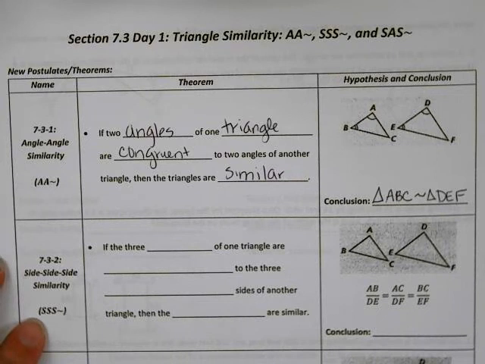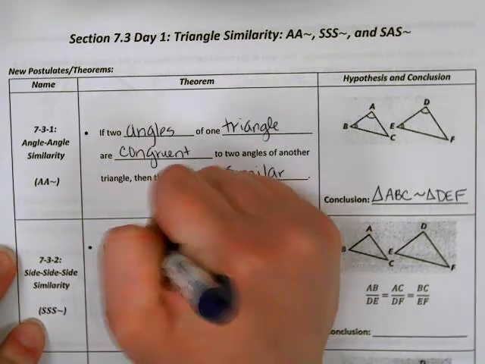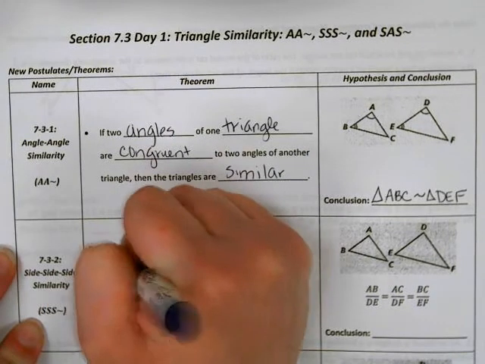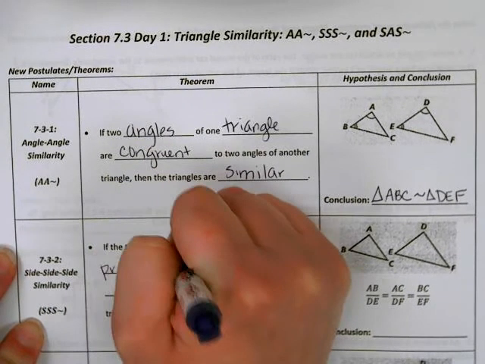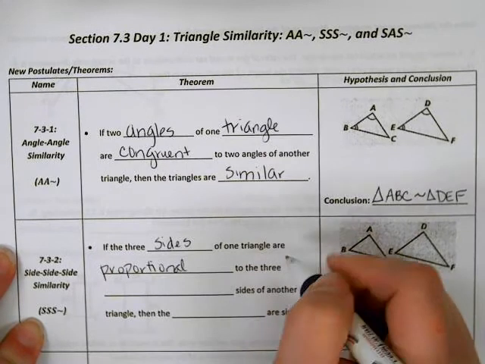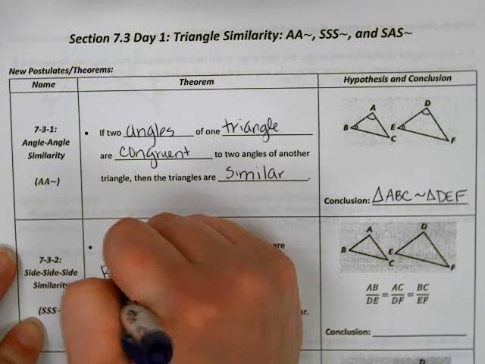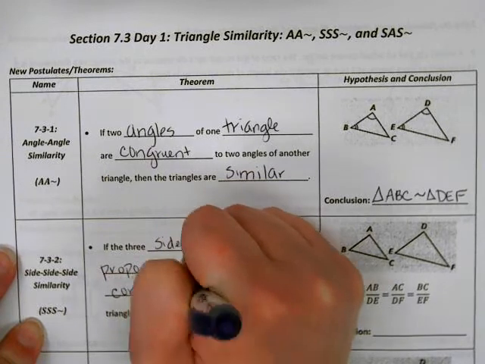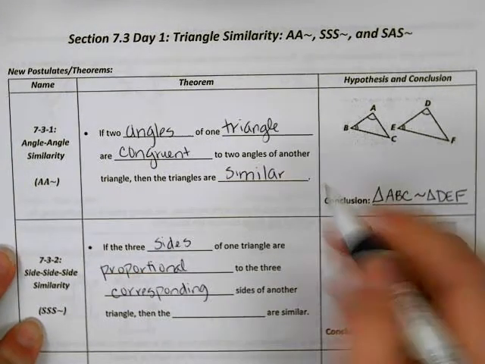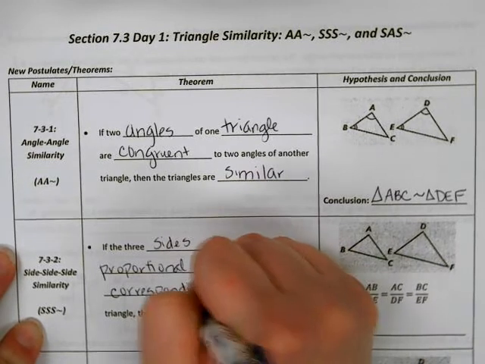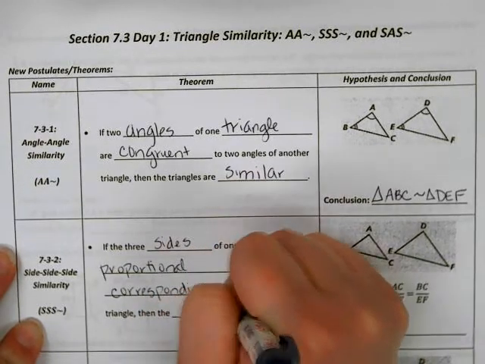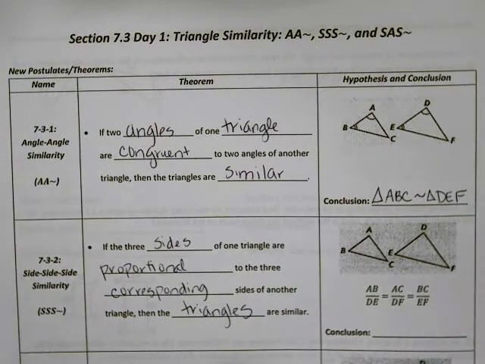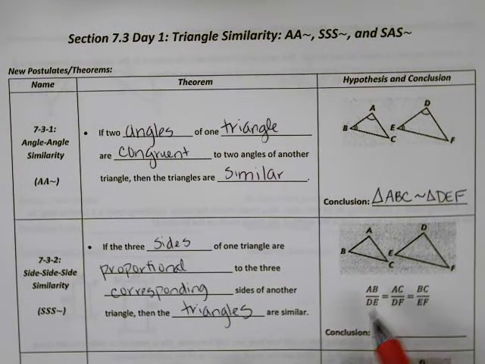Next is side-side-side. So if three sides of one triangle are proportional to the three corresponding sides of another triangle, then the triangles are similar. So if we look at the triangles over here, they're telling us that AB is proportional to DE.